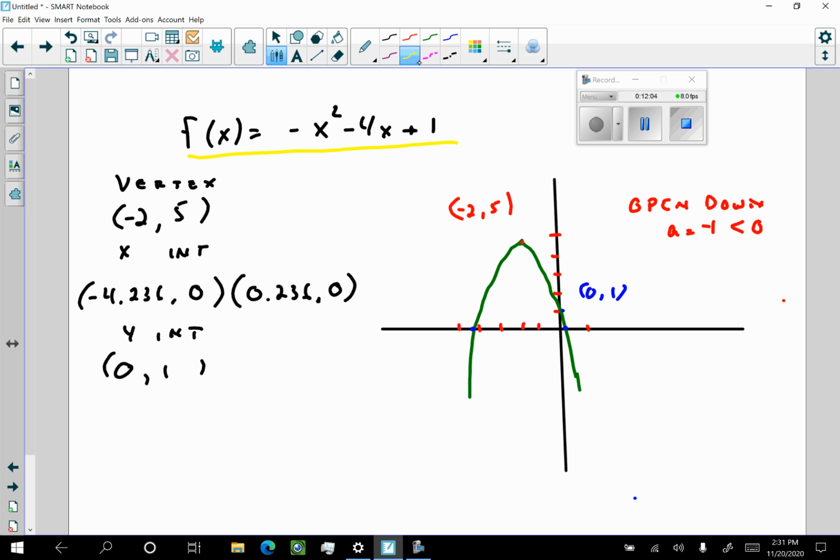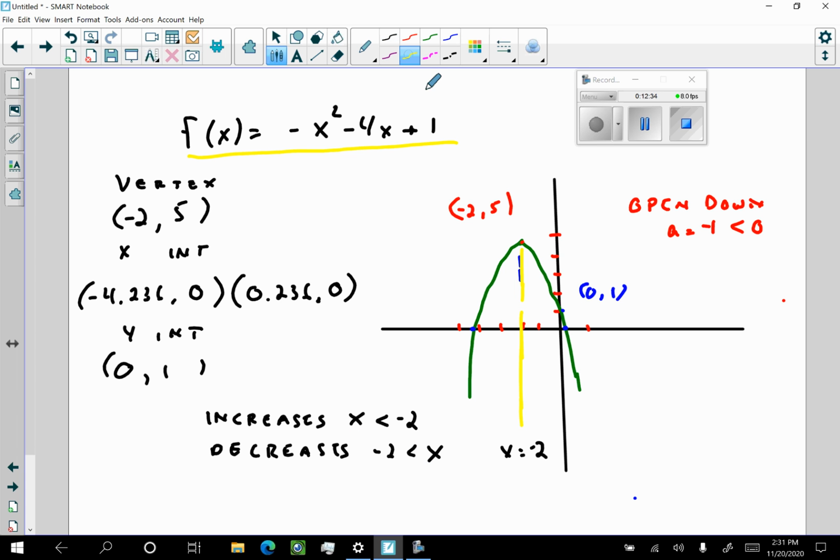You have your line of symmetry. I wanted that yellow. You have your line of symmetry here, which is x equals negative 2. You know the graph increases when x is less than negative 2. The graph decreases when x is greater than negative 2.